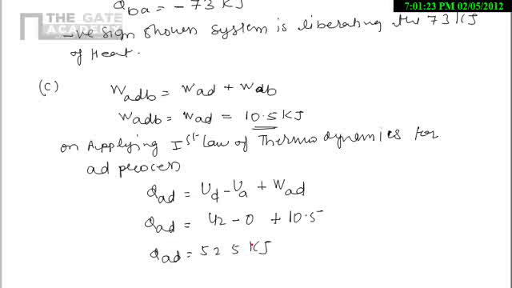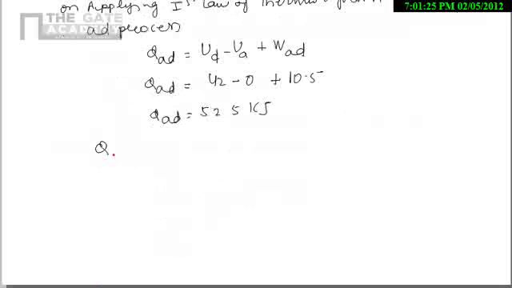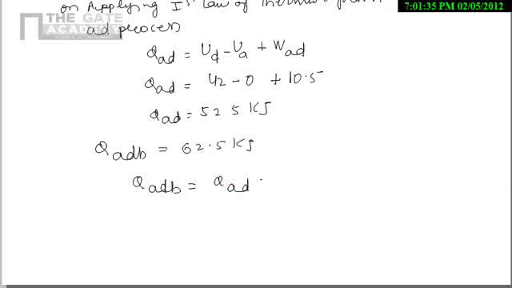In part A, we have already calculated the value of QADB, that is 62.5 kilojoule. So I can write QADB equals QAD plus QDB. So QADB is 62.5 kilojoule, and QAD I have already calculated, 52.5, plus QDB.